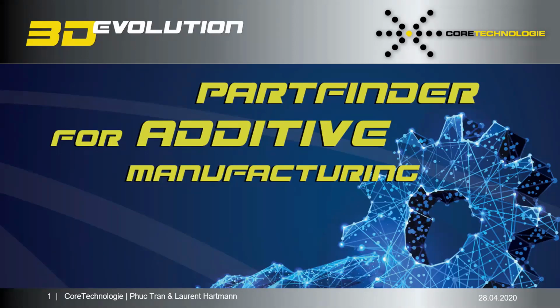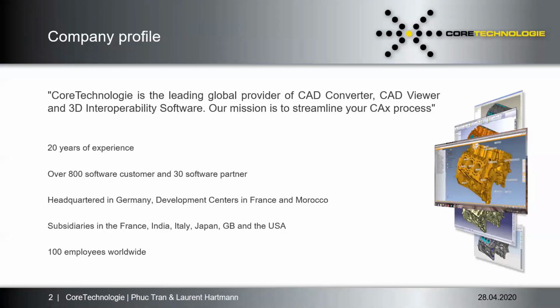So today we will focus on the Partfinder and the connected new technology, batch nesting. First of all, I would like to give you some facts and figures about the company and the main products, and then I have prepared some slides to give you detailed information about the Partfinder, and I will also show the Partfinder live.